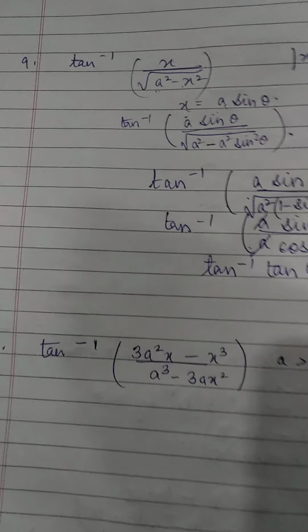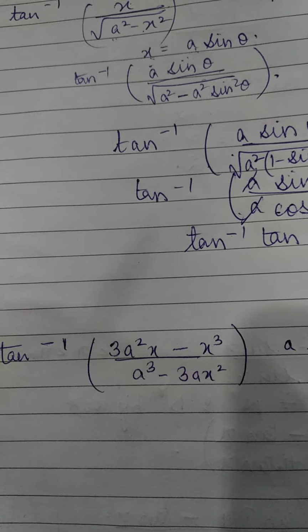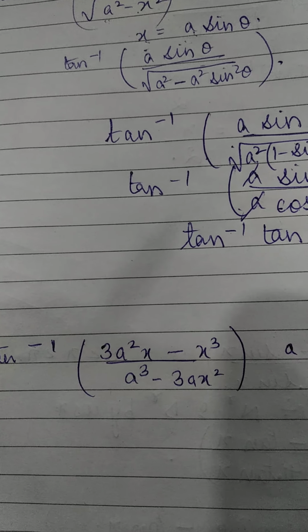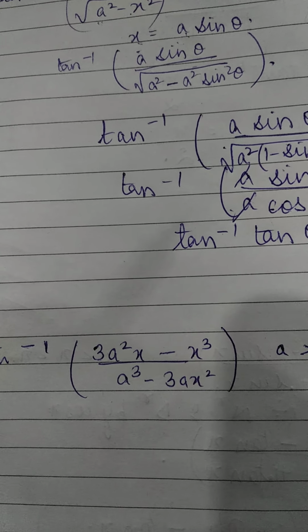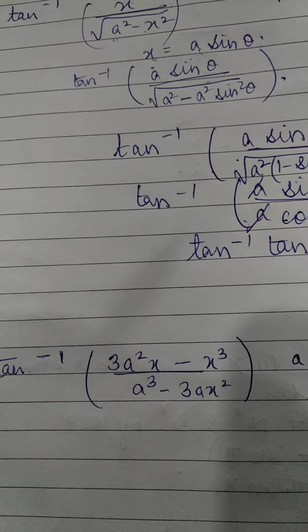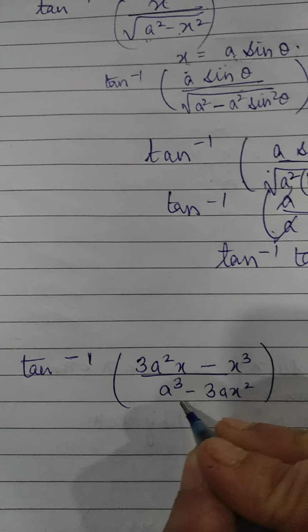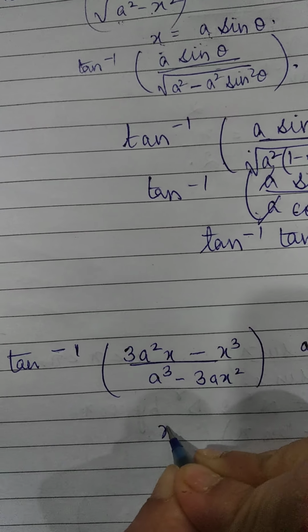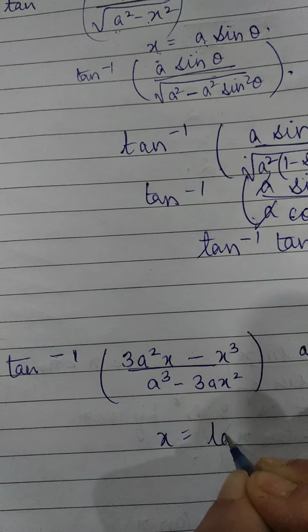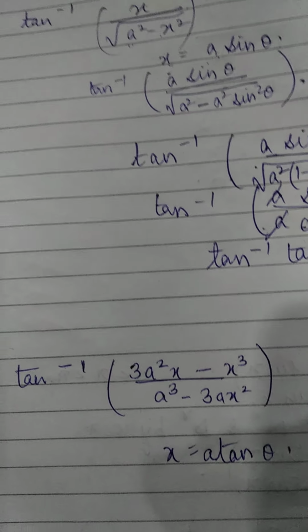Moving on to question number 10. Tan inverse of (3a square x minus x cube) upon (a cube minus 3a x square). Right? So let's take x as a tan theta.